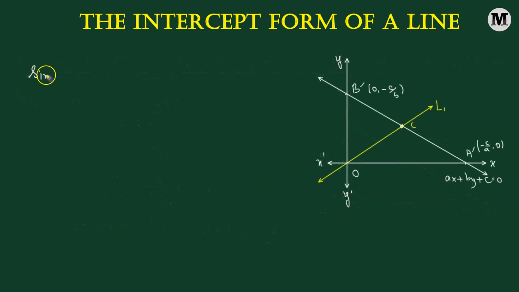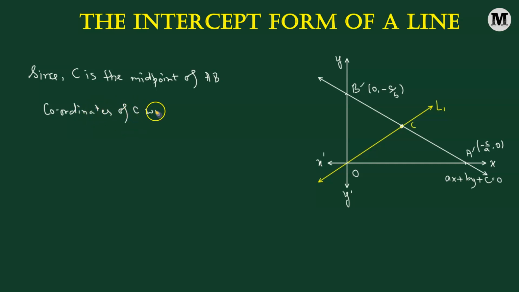Since C is the midpoint of the line segment AB, we can easily define the coordinates of point C. We sum up the x coordinates of the endpoints and divide by 2, giving negative c over 2a, and the y coordinate is the sum of the y coordinates of the endpoints divided by 2, giving negative c over 2b. So now we have the coordinates of point C as well.